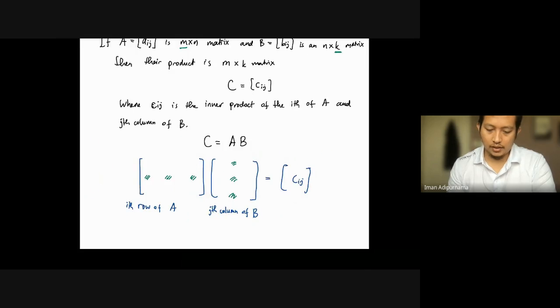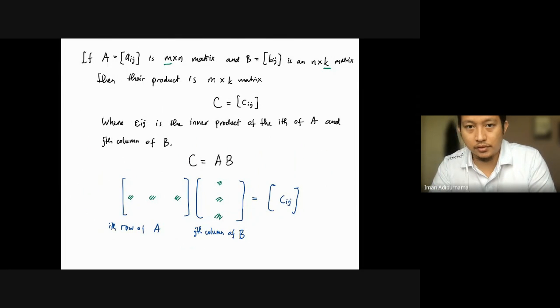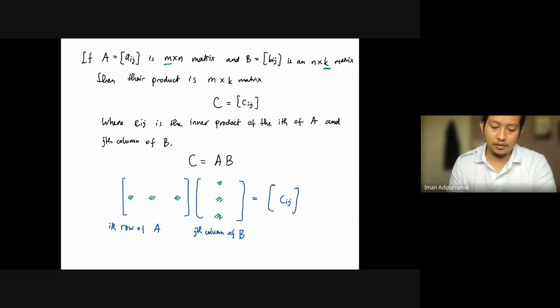I think it's better to use some examples for a better illustration. For example, our matrices are 2 by 2 and 2 by 3. The 2 and 2 here are the same dimension, right? So the result will be 2 by 3 when we multiply.